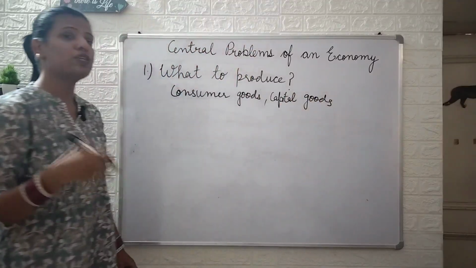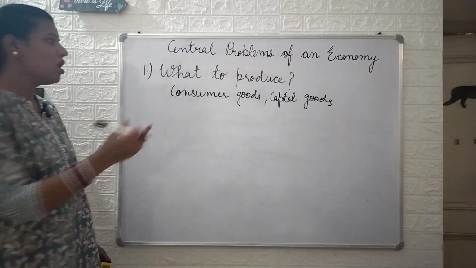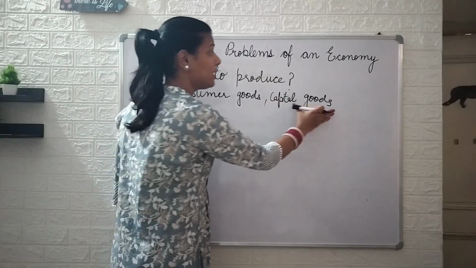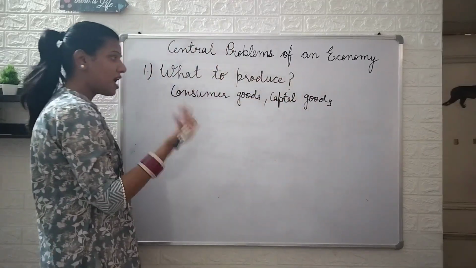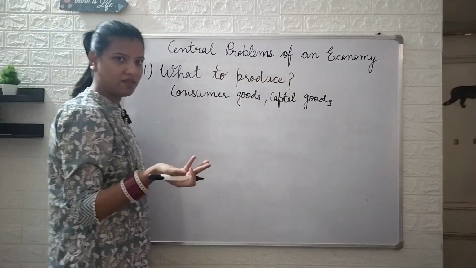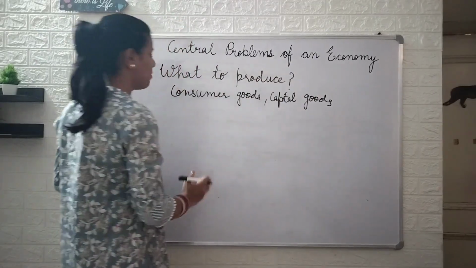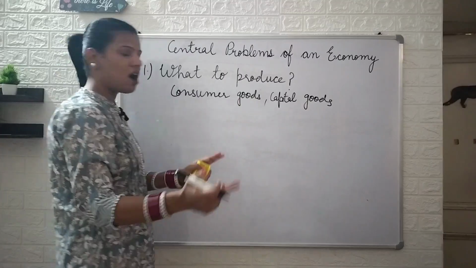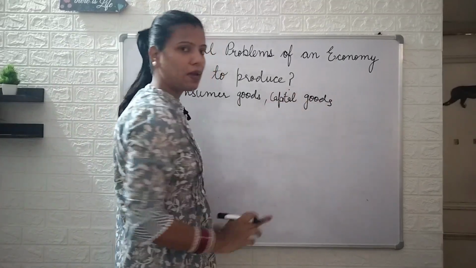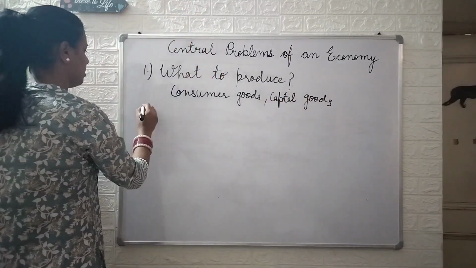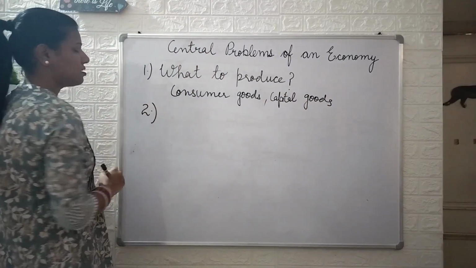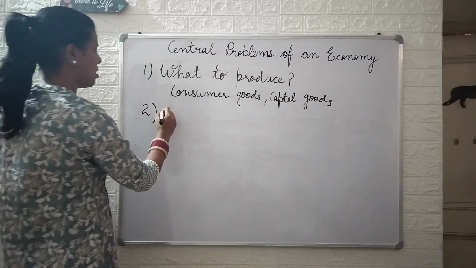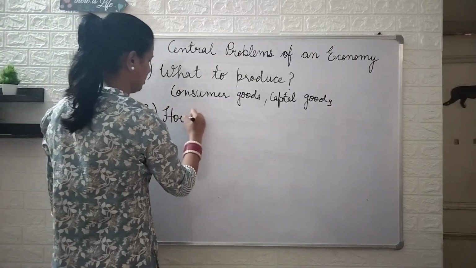Now we have to decide which type of goods we have to produce, like consumer goods and capital goods, and in which quantity, how much consumer goods and how much capital goods we have to produce.